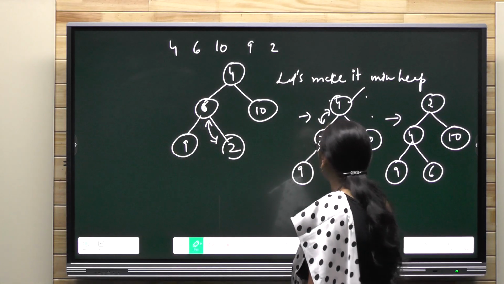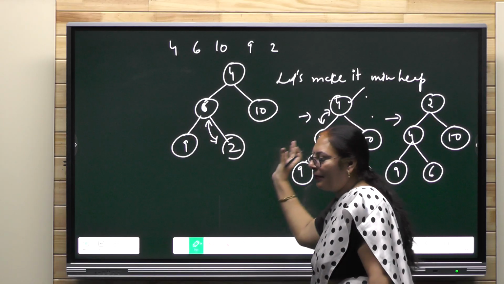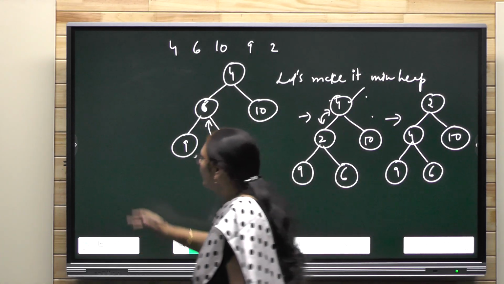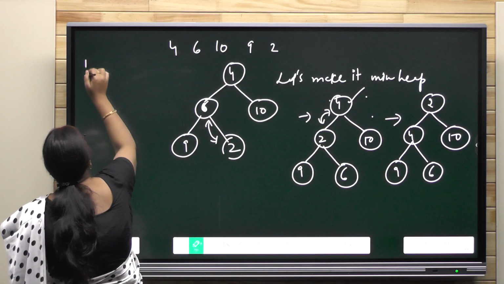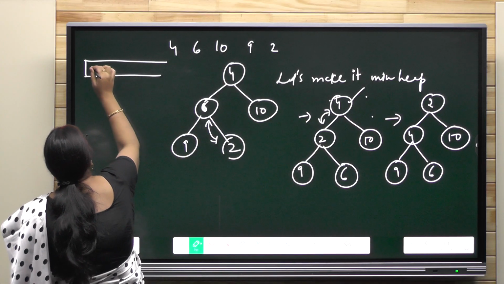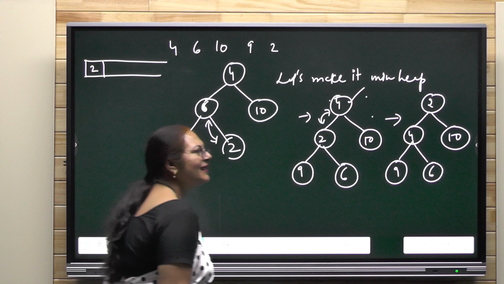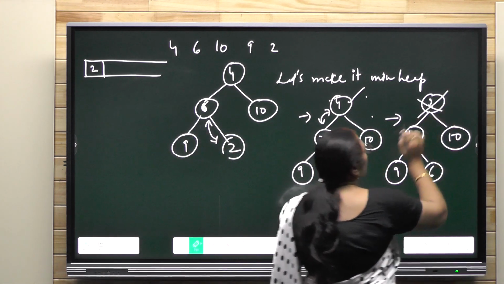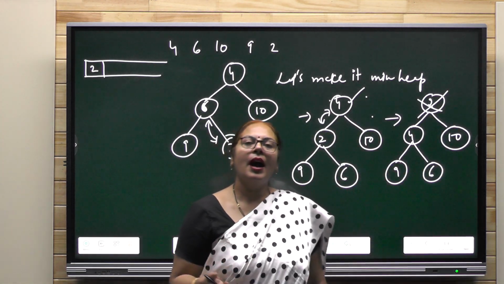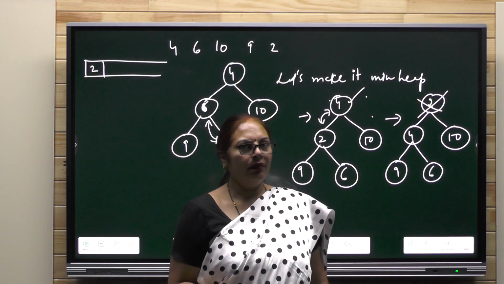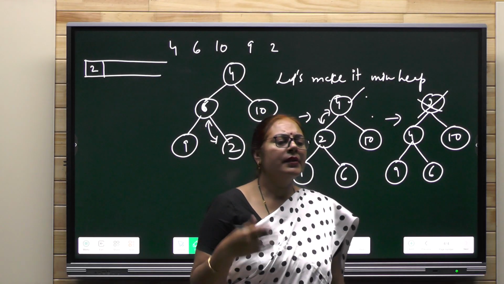Now the next step is to delete the root element. The root element was 2, and it is deleted. Now that the root is deleted, obviously you have to make the heap again, because now the tree doesn't have a root.